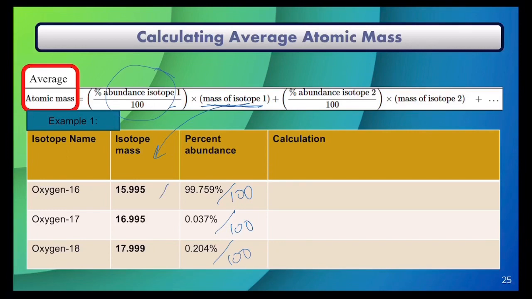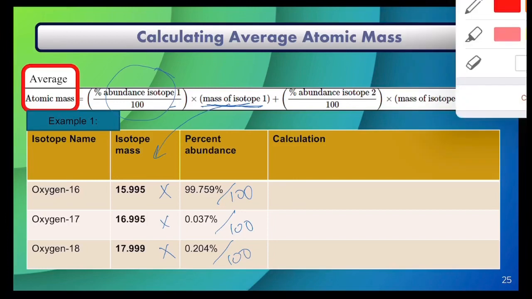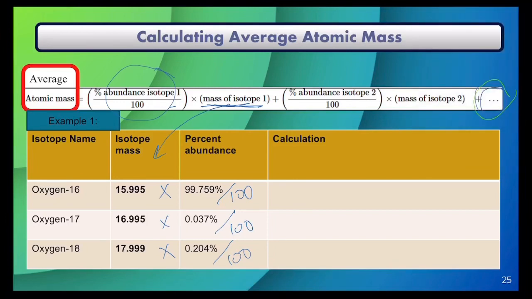So you'll multiply, multiply, multiply, as shown here. You can see the dot, dot, dot at the end of the equation shows that you can do this for an unlimited number of isotopes. So in this particular equation, only two setups are shown, but for oxygen, we actually have three isotopes.